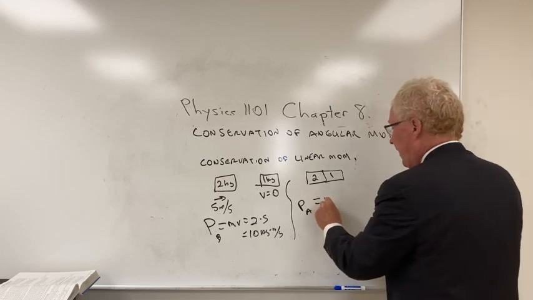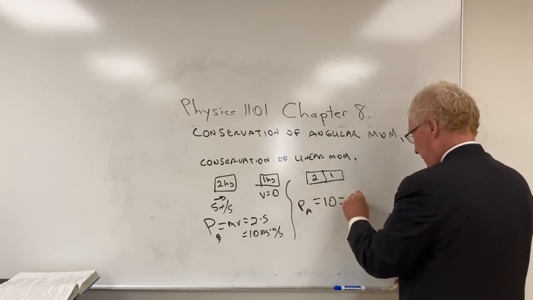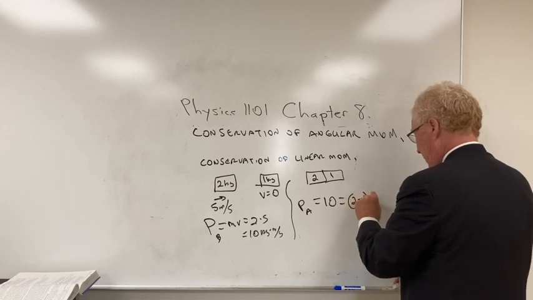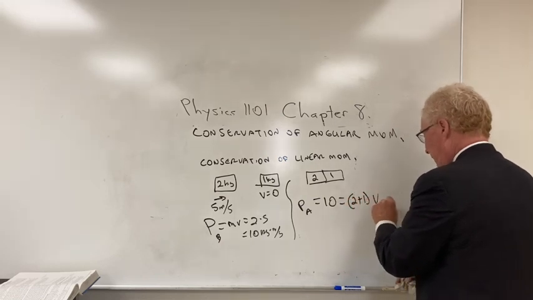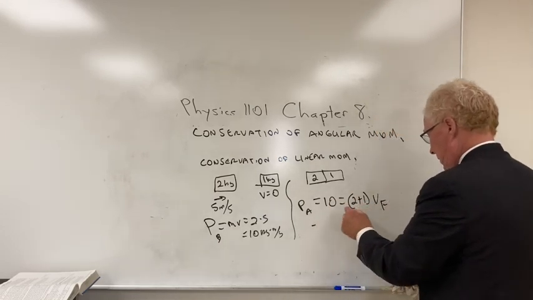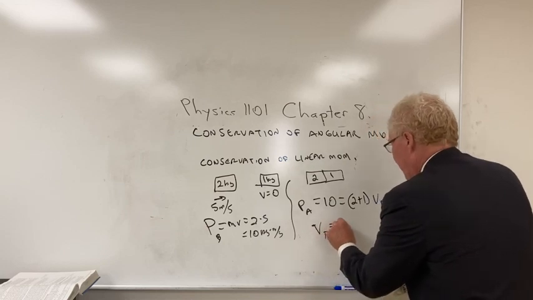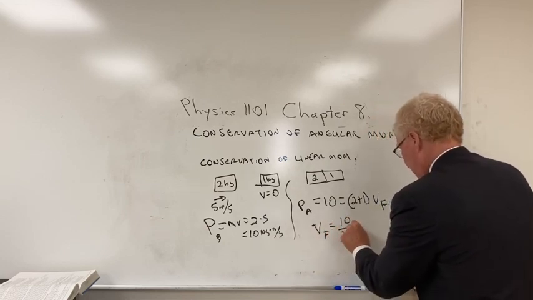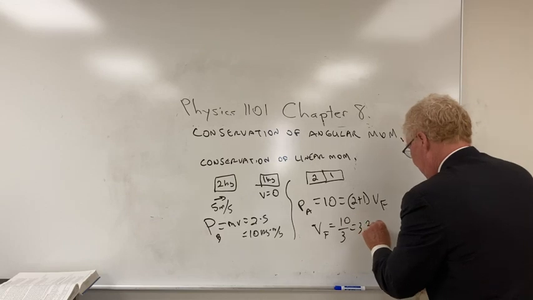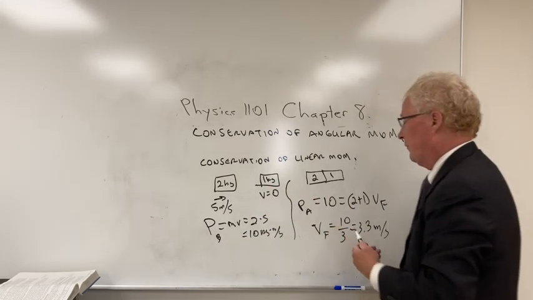So that would be 10 equals mass 2 plus 1 times V final. We would solve for that: V final would be 10 over 3, which is 3.3 meters per second. So momentum before equals momentum afterwards in a collision.